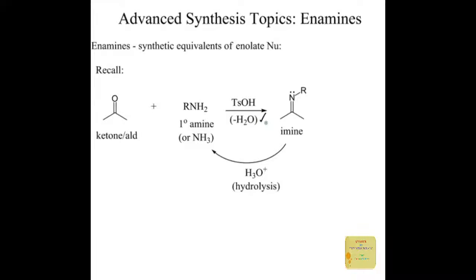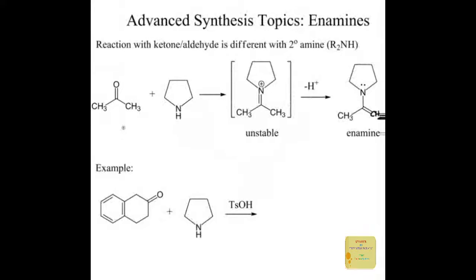So overall, you're losing water in this reaction. And an imine, when you treat it with H3O plus, will hydrolyze and revert back to the ketone or aldehyde, giving you back the carbonyl and freeing up that amino group. Okay, so we've seen this reaction before of a primary amine with a ketone or an aldehyde.